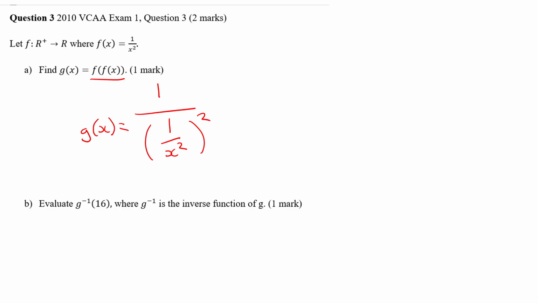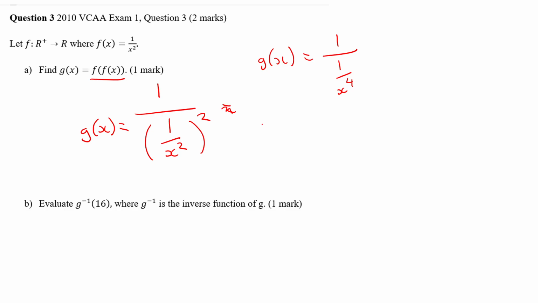Now, I just need to simplify this to make it easier. So g of x is equal to 1 over 1 squared, which is 1, and x squared times x squared is x to the power 4.